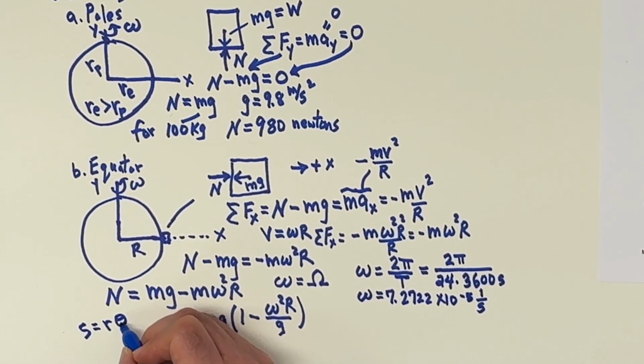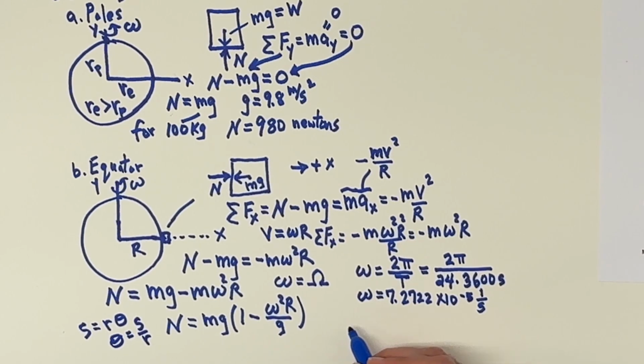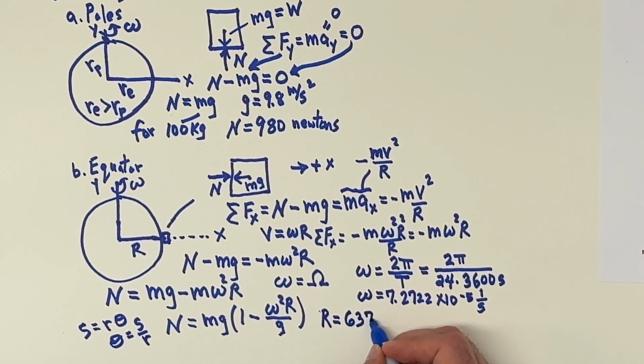Technically, the radians is given by taking S divided by r, and the meters cancel out. So then you need the radius of the Earth, and because you have this omega, you then need to put the radius of the Earth in. So that's going to be equal to 6,371 kilometers.